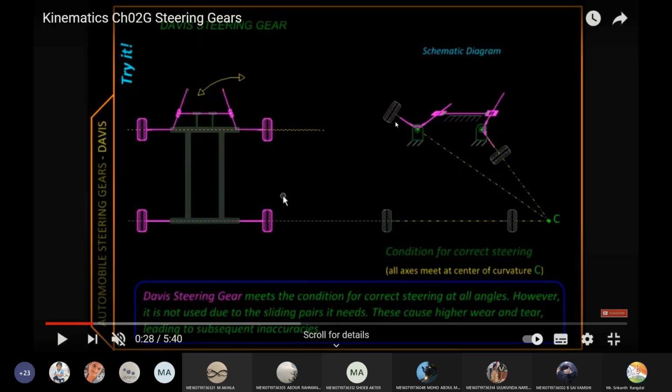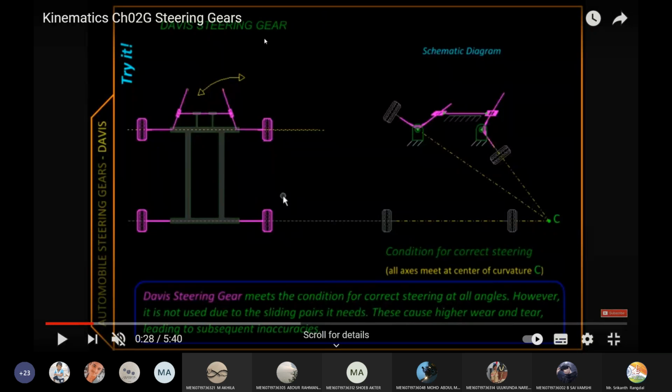So if the two tires are not coordinating well, what will happen? One tire will try to go right side, one tire will try to go left side. In such cases, there will definitely be some skidding. Because of this skidding, there will be friction between the tires, a lot of wear and tear, and even the vehicle will not go on the desired path.